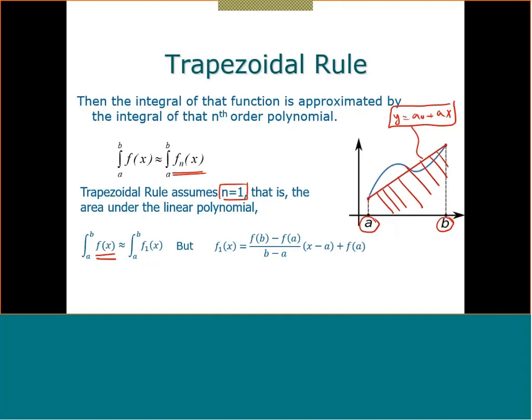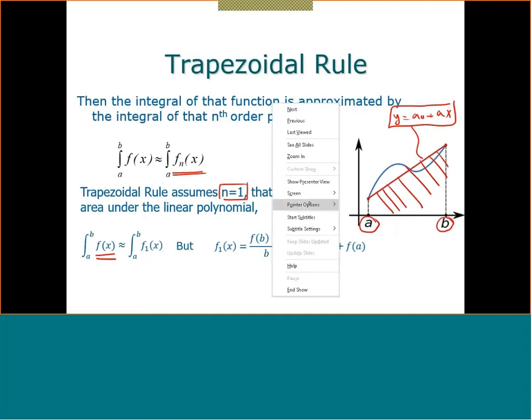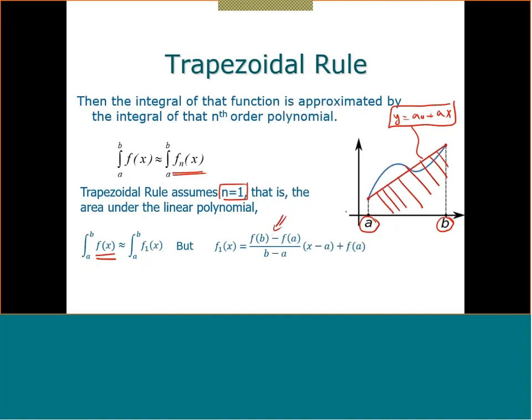As you know, this is nothing but the slope m. So f1 of x is m times x minus a, plus f of a. This gives you the intercept.